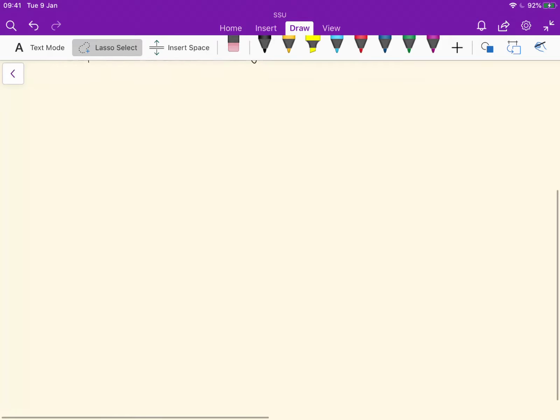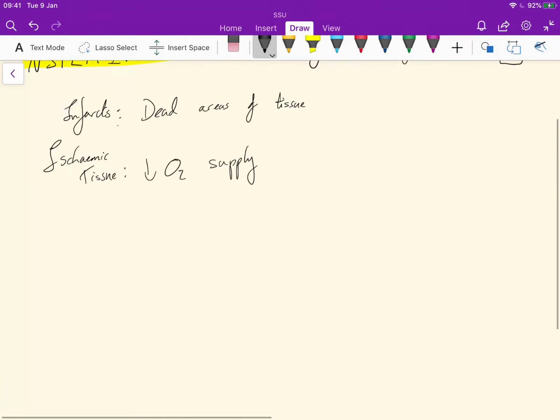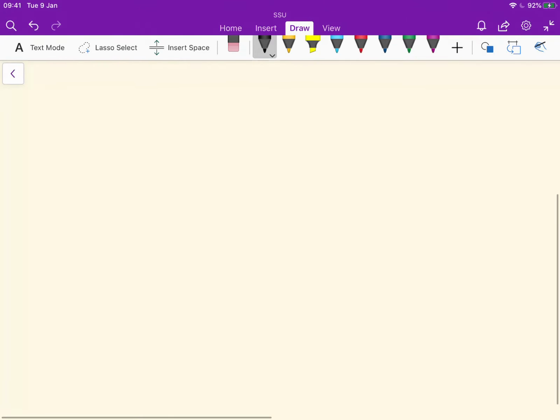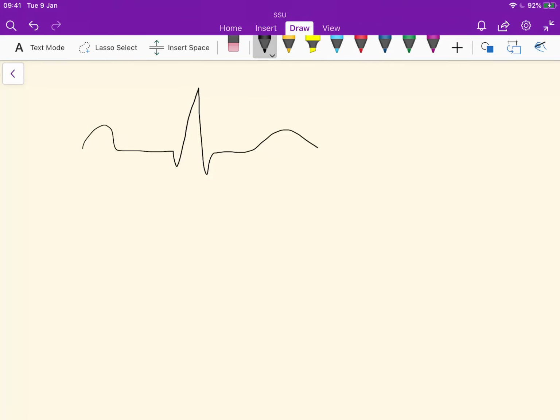Okay, so ST segments, what are they? Well, if we have a normal ECG here, we have our P wave, our Q, R, S, and our T wave. The ST segment is between the end of the S of the QRS complex and the start of the T wave.